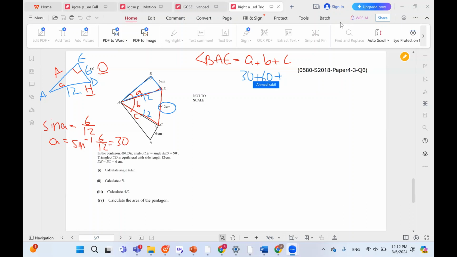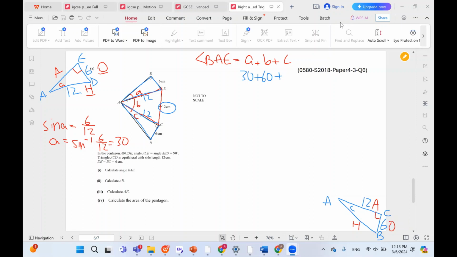And then finally, we want to get C. So let's use the triangle in which C belongs, triangle ABC. So triangle ABC looks something like this. This side here is 6, and this side here is 12. This angle is C. Again, we need to label the sides. So this would be the opposite, this would be the adjacent, and this would be the hypotenuse, because the hypotenuse has to be the longest side.